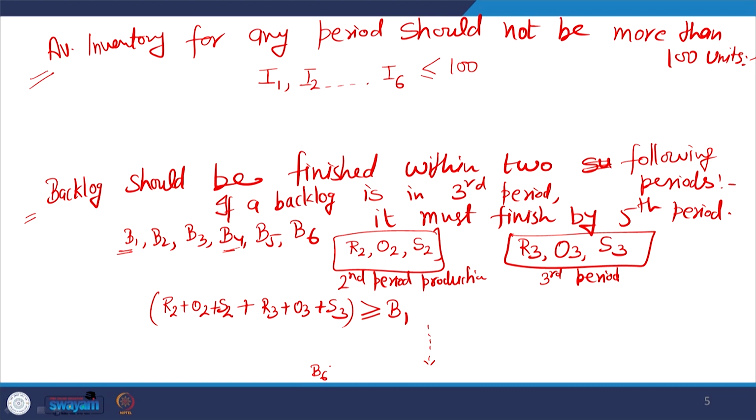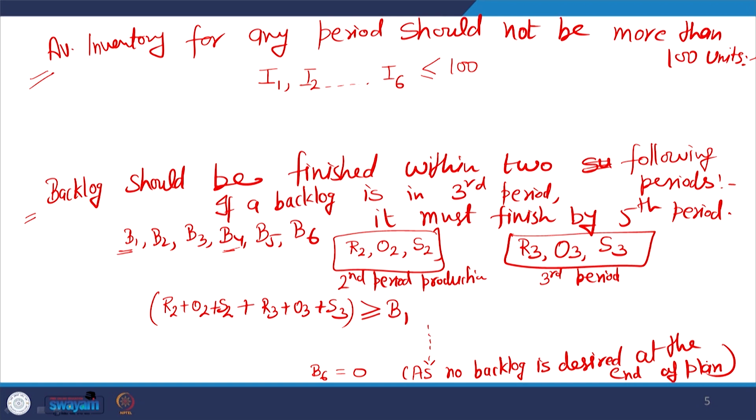So, your B6 should be equal to 0, because no backlog is desired at the end of the plan.